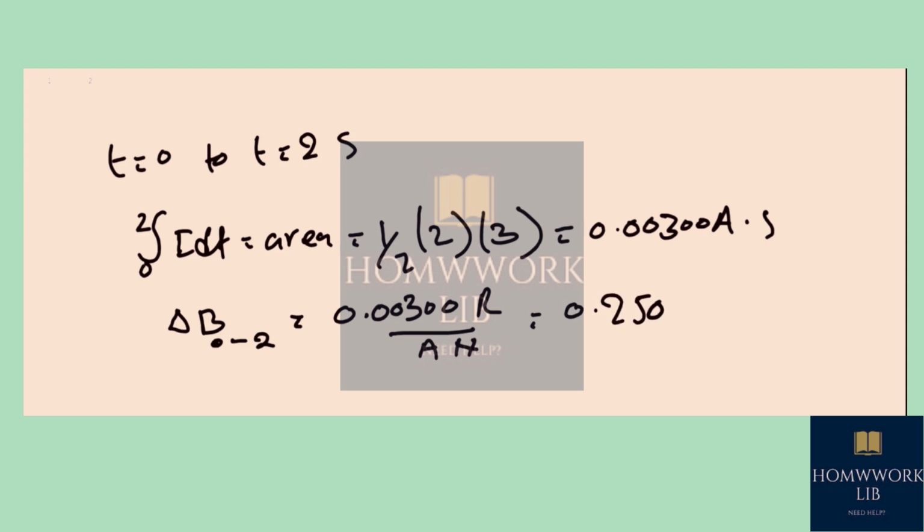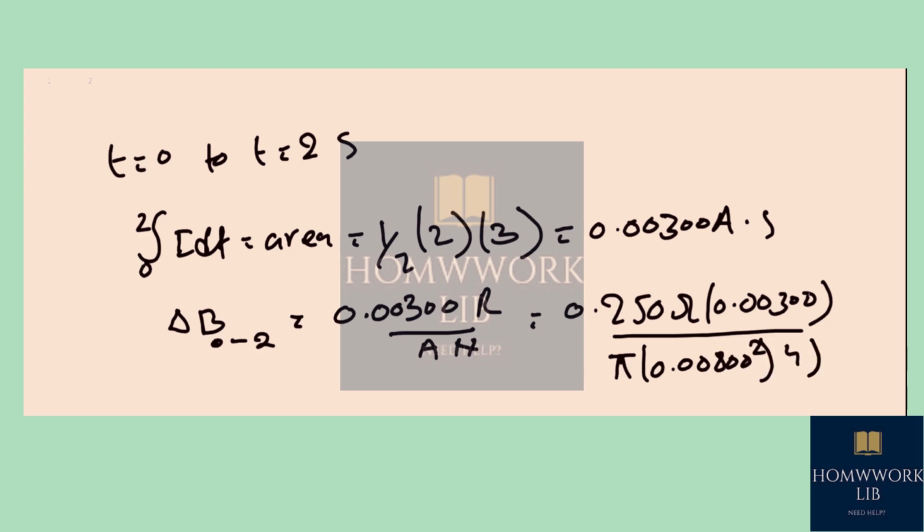So substituting values for R and N, which is 0.250 ohms times 0.00300 divided by pi r squared, where the area is pi times 0.00800 squared, times 4. This gives us dB from 0 to 2 to be 0.9325 Tesla.